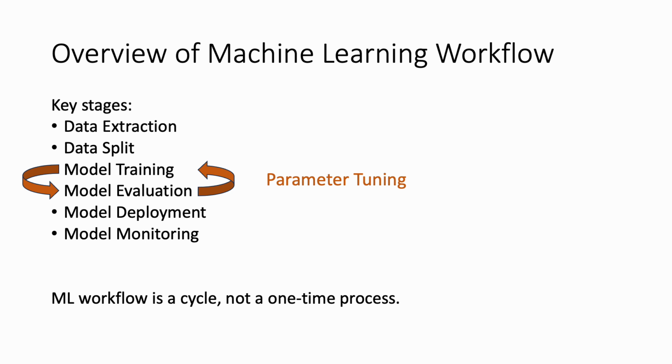We use these results from model evaluation to guide our parameter tuning, trying different settings and reevaluating until we achieve satisfactory performance. It's often an iterative process within the model training and evaluation loop.